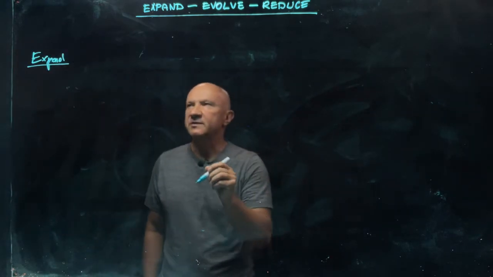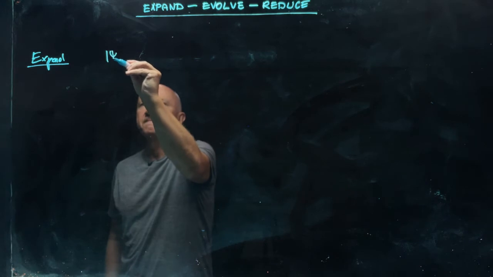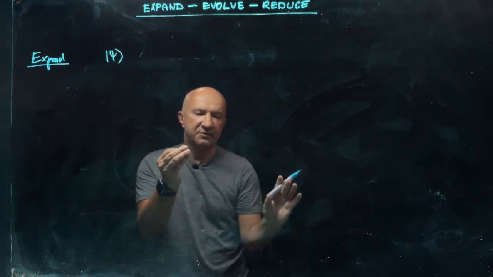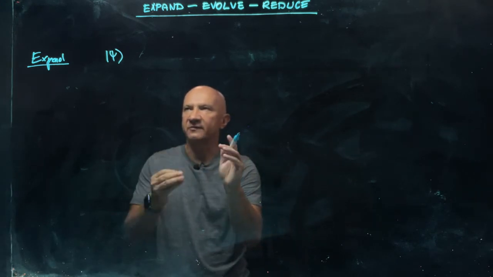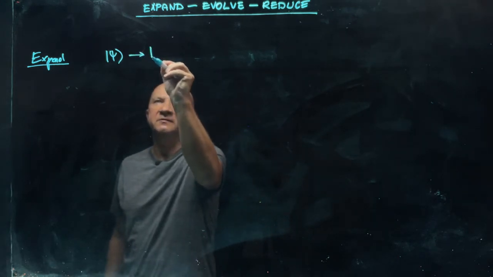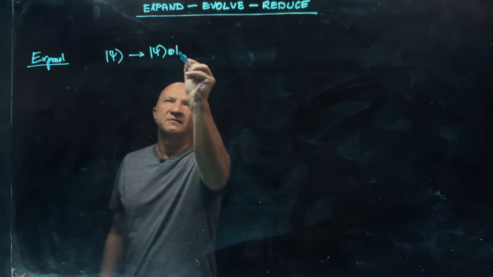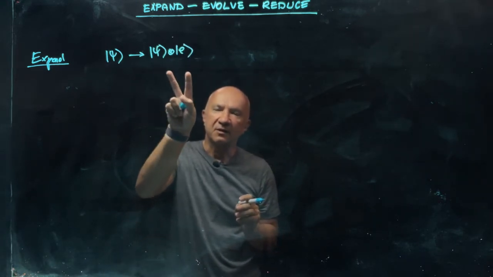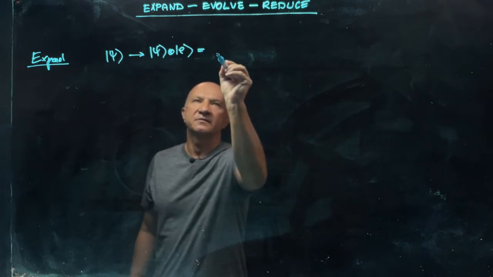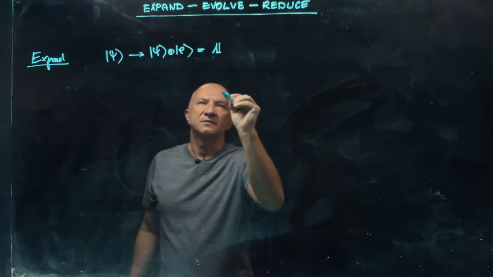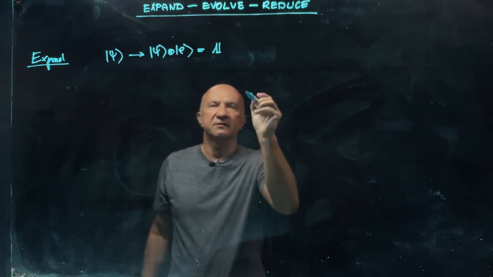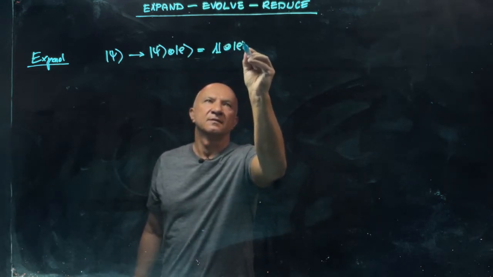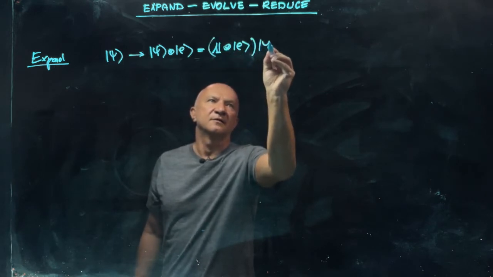So if we have a quantum system in some state psi, the expansion really means that we bring another subsystem, say the environment, in some fixed state. So psi is then mapped into psi tensor E. And this operation can be written as the identity on the Hilbert space of the system tensor E acting on psi.